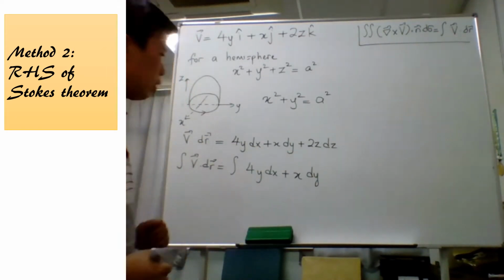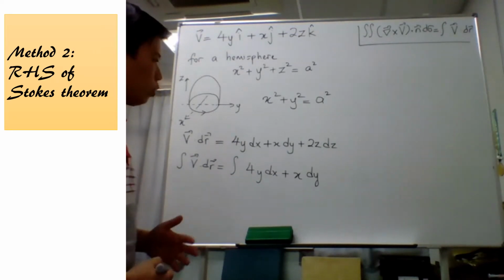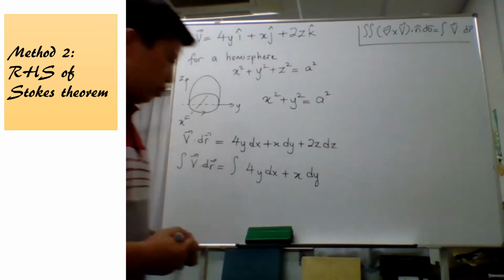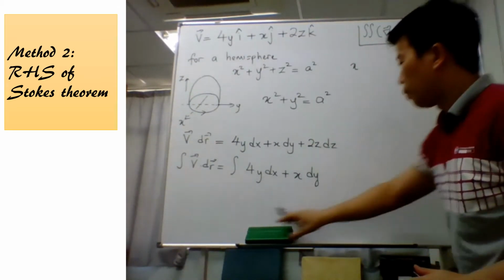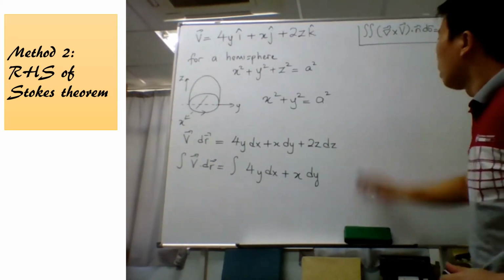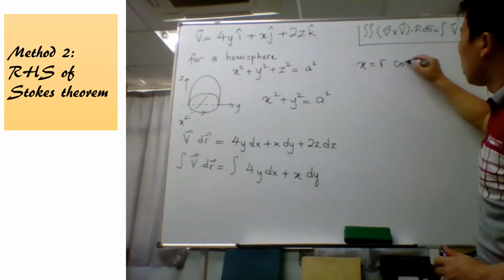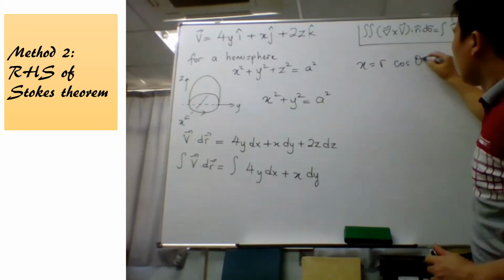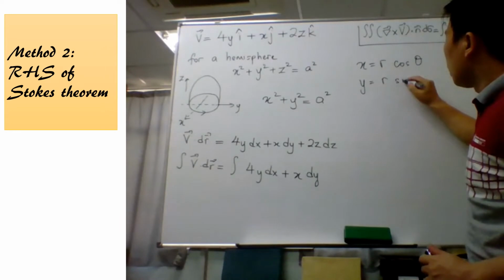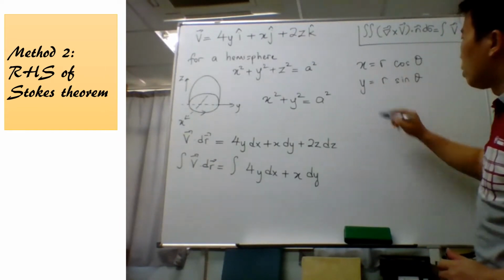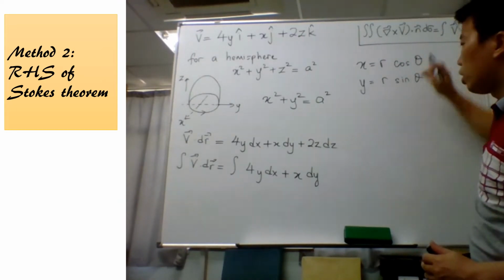In order to solve this now, we will have to change x and y into r and theta, and we use this equation that we are familiar with, that is x equals r cos theta, or phi, this is the azimuth angle, and y equals r sine theta. So from here, since r is constant, we are just changing the theta.